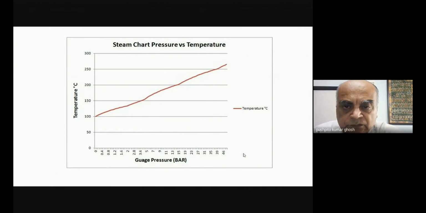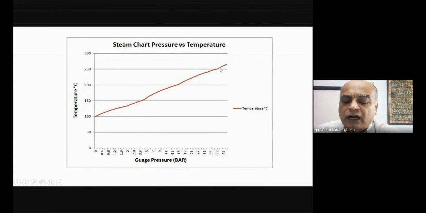Now, if you look at what typically happens to steam at different pressures, this is the steam chart, meaning the pressure at which water will boil. So if you are, for example, reaching about 305, 315 degrees, obviously what it will mean is that the pressure will be much higher, which is the reason why the pressurized water reactor operates at a higher pressure.